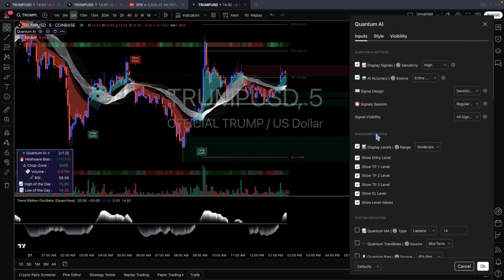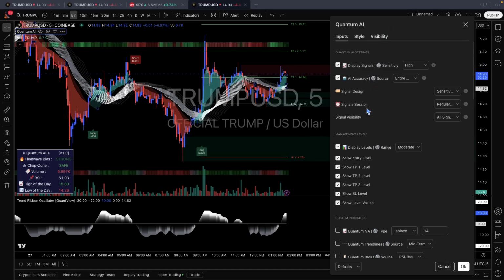Now, here's your management levels, right? Your take profits, your stop losses, and whatever. So watch, because I can turn that off. It's gonna disappear. Boom. But you want that on, right? And this is where you can look. If you want to be super conservative, then these are going to get tighter.